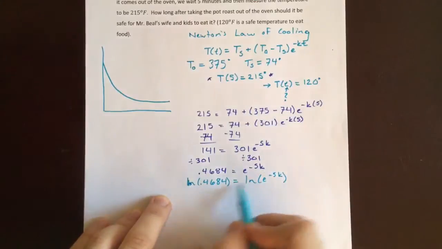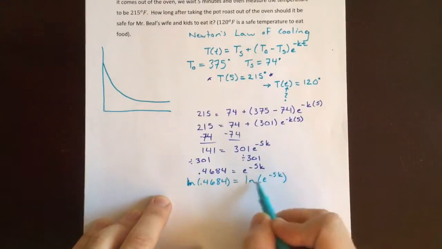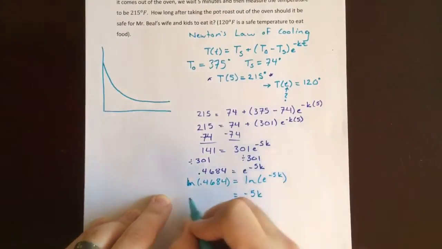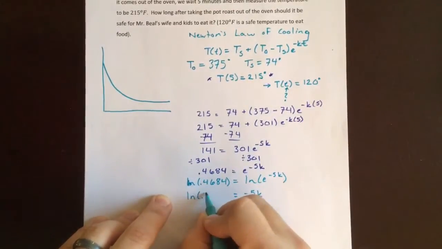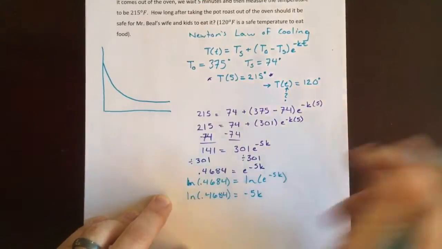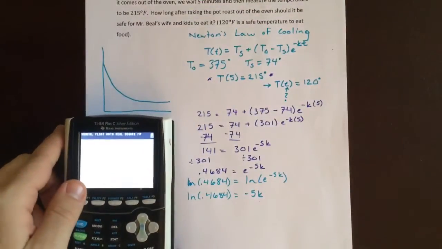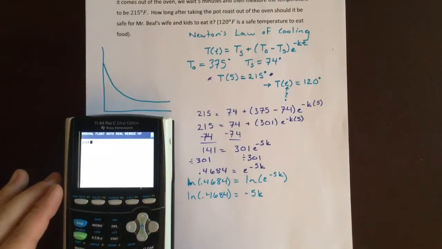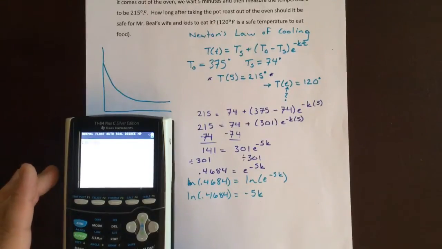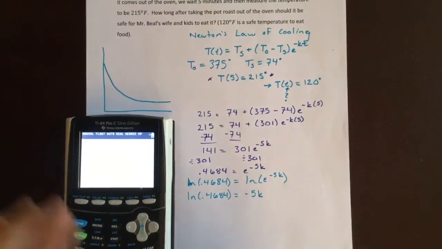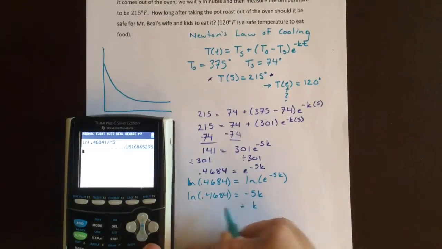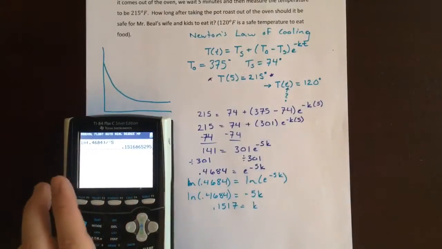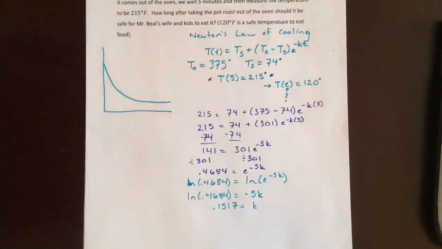We know what happens here with our properties: the right side becomes just negative 5k, and we leave the natural log of 0.4684. We can quickly see that we divide to get k. When we take the natural log of 0.4684 divided by negative 5, we get k to be 0.1517. So that was just k.